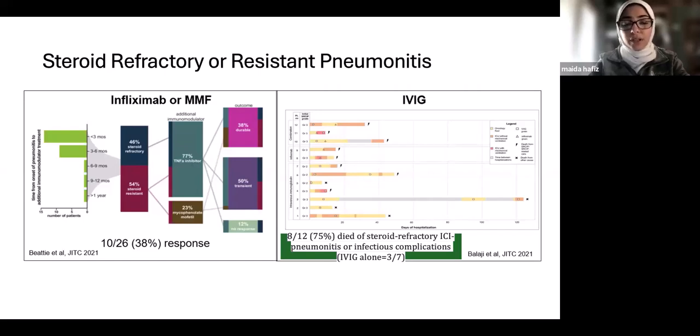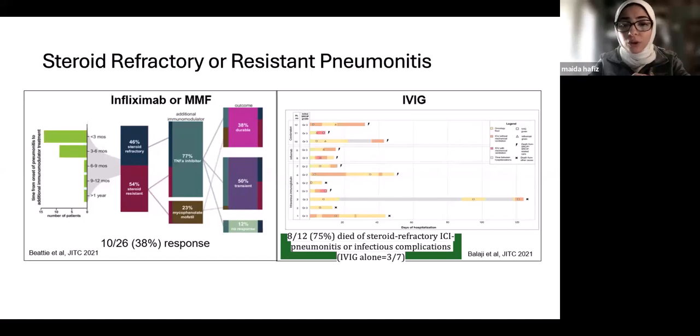However, there are a few studies, mostly retrospective, for ICI pneumonitis. For example, one study, which compared the use of infliximab or MMF for ICI pneumonitis, found that for patients who were steroid refractory or resistant and were given either of these agents, the durable response was only 38%.